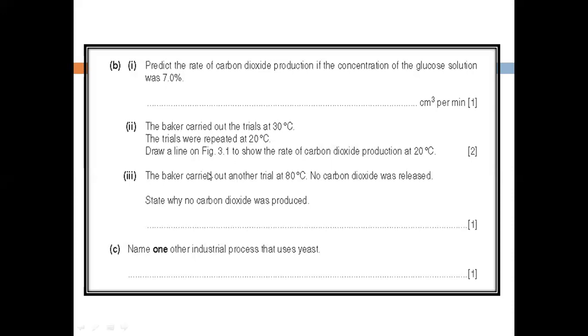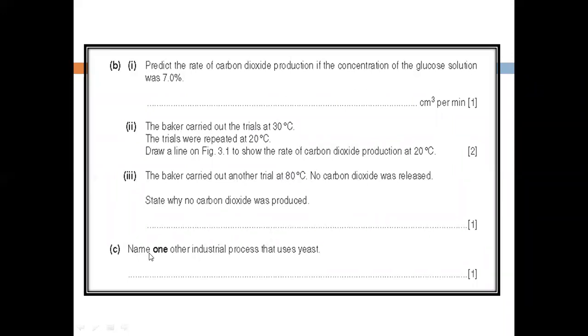So 80 degrees Celsius is more than the optimum. At this temperature no carbon dioxide is released because the enzymes were denatured.